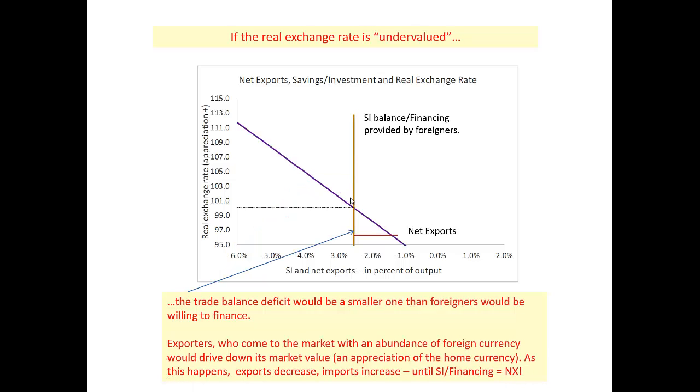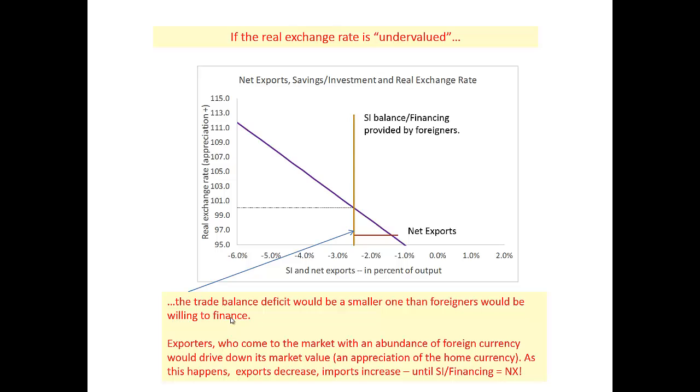Let's try it from the other direction. Let's suppose that the real exchange rate is undervalued. In this case, the trade balance deficit would be a smaller one than foreigners would be willing to finance. So we're going to be having a lot of exporters who are coming to market with an abundance of foreign currency. They've sold their goods, they've got a lot of foreign currency, they want to trade it for domestic currency.